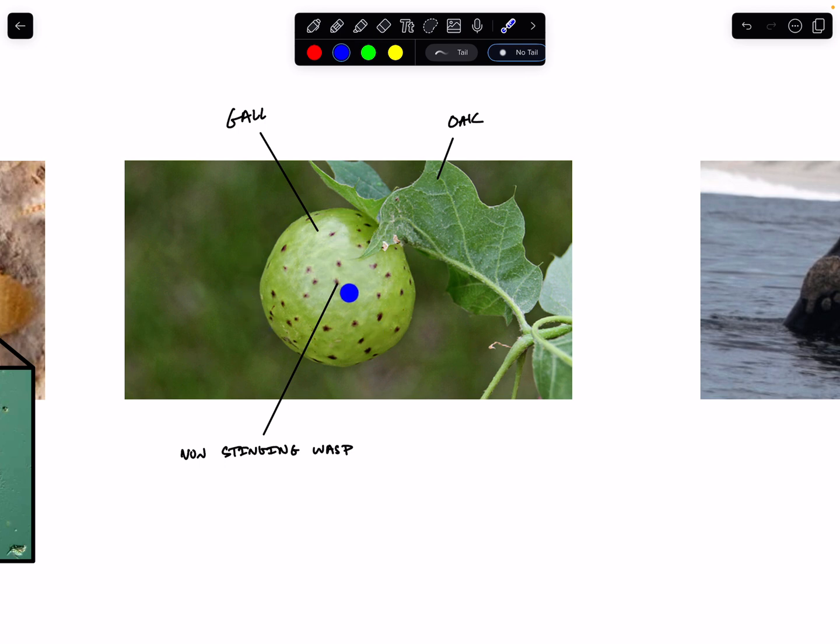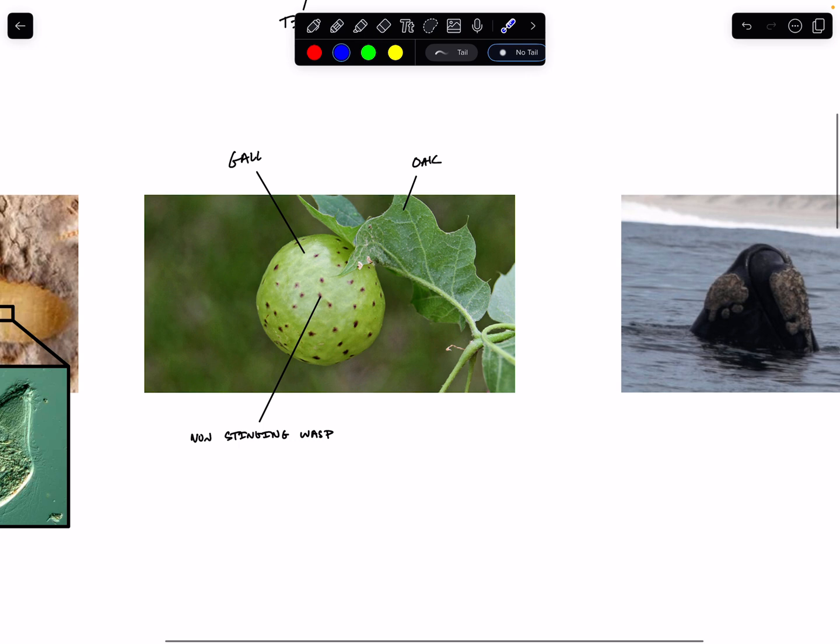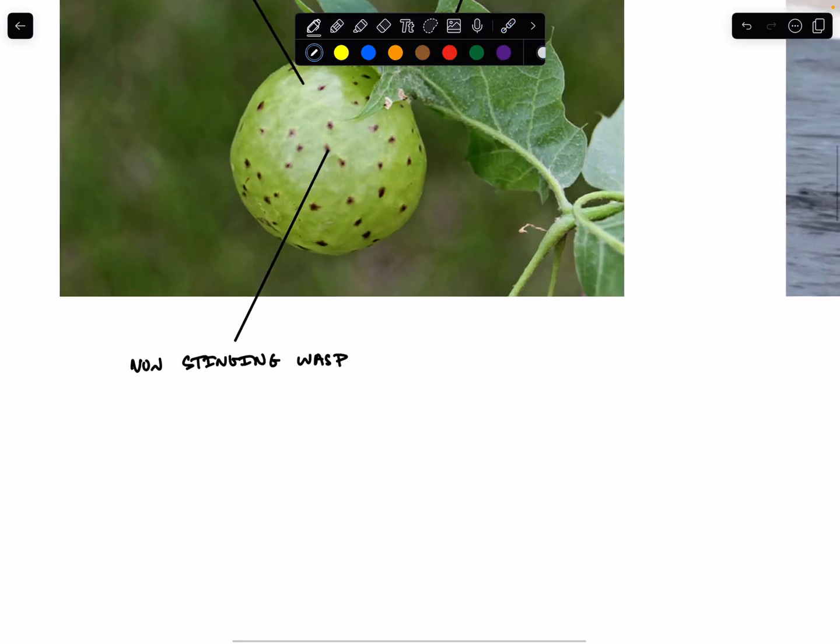So if you break open the structure, you'll see this whole network of filaments, and this is where the non-stinging wasp is going to turn from a larva into a flying insect inside this gall. So it's good for the wasp because it gets a home and food.